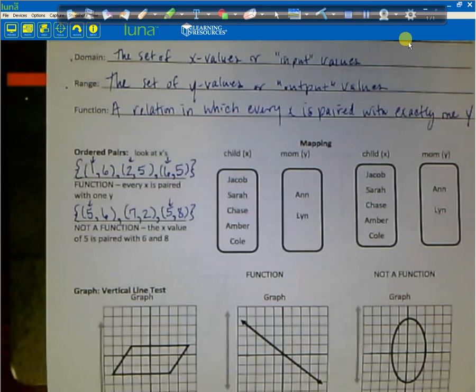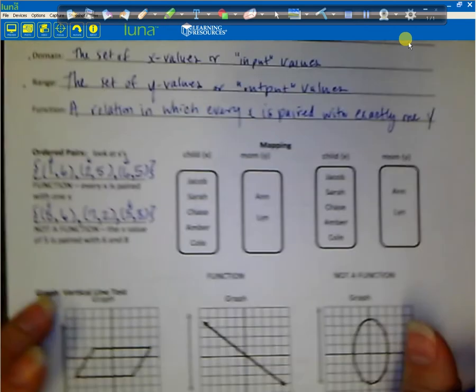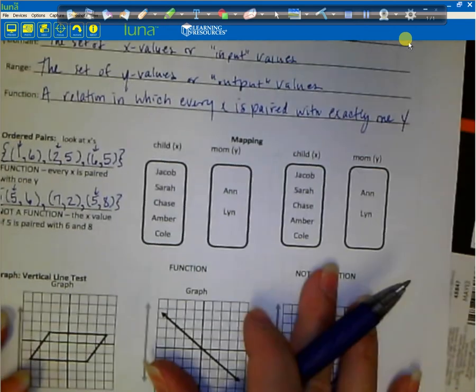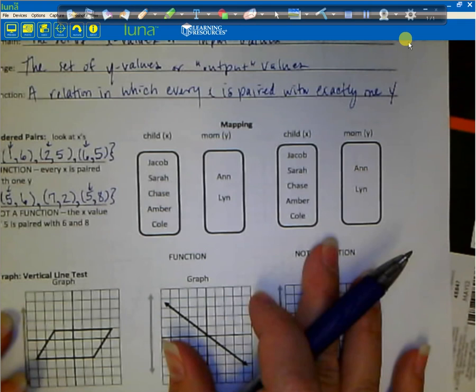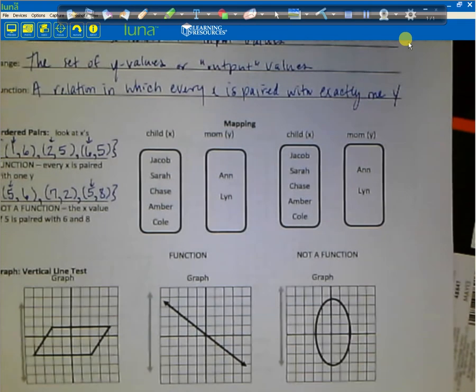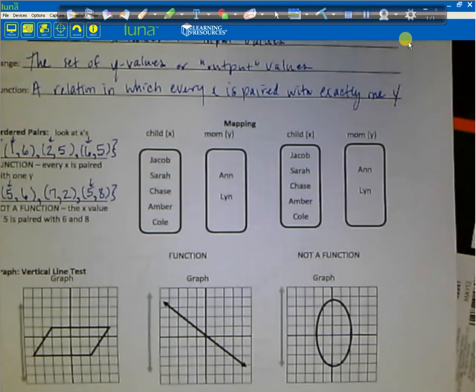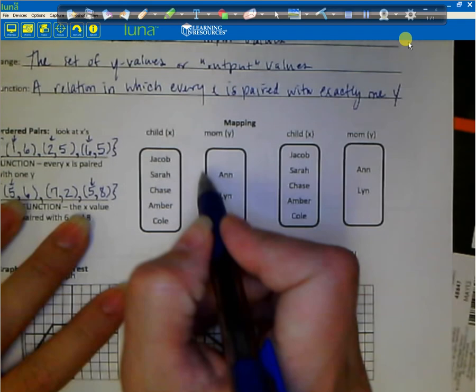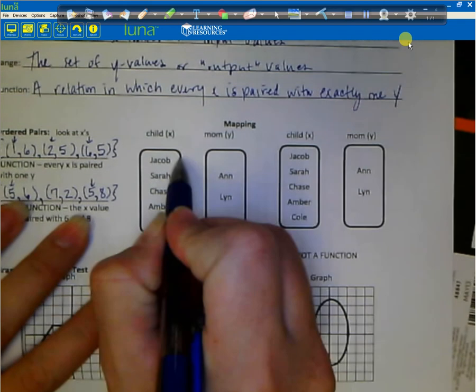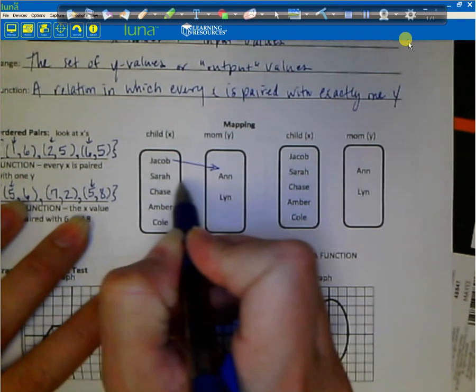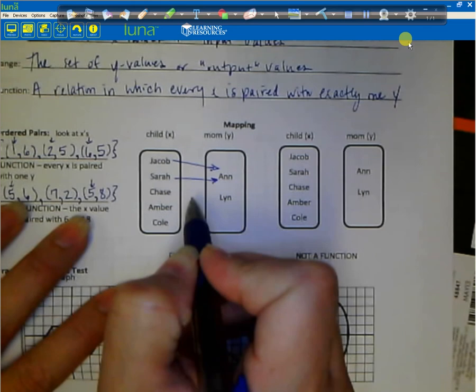We're going to look at this next example. And don't stress over this. This seems to be a point of stress for us in the past. So don't stress over this, but we're just going to look at this. This is an example using children and mothers. Our children are our X's and our moms are our Y's. The first mapping scenario, I want you to draw an arrow from Jacob and Sarah to Ann.